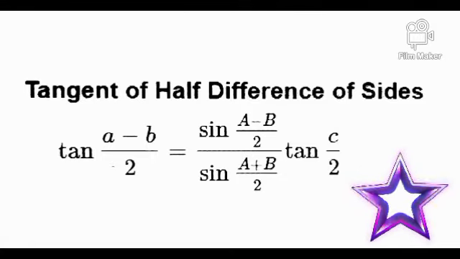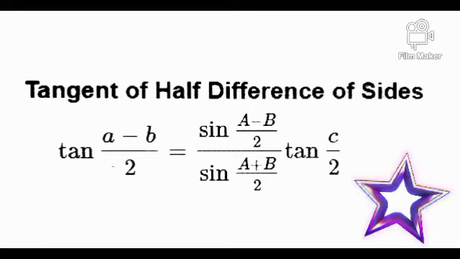If we are considering the sides small a and small b, the third side will be small c.